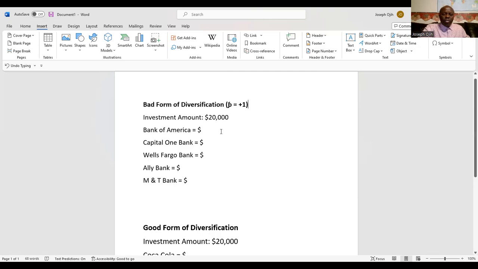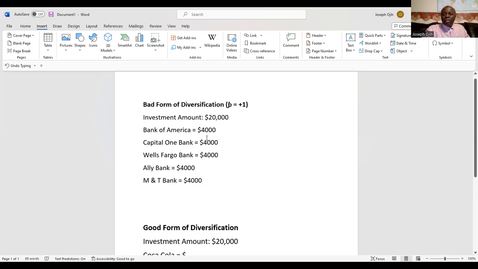So let's say that you have $20,000 to invest. You now divide it and invest $4,000 in Bank of America, $4,000 in Capital One Bank, $4,000 in Wells Fargo Bank, $4,000 in Ally Bank, and $4,000 in M&T Bank.